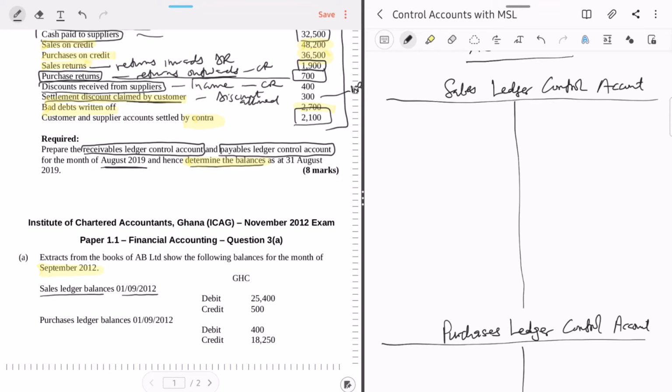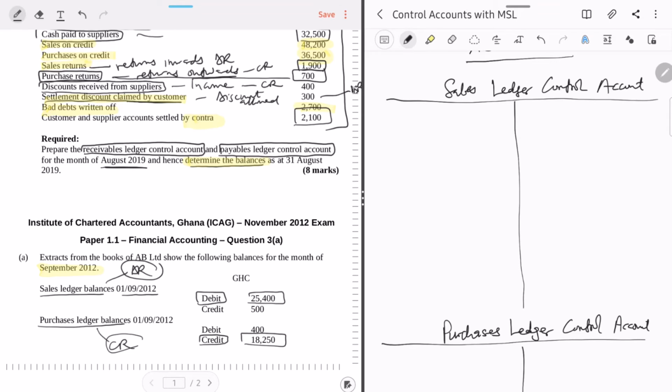Sales ledger control account, remember I told you this will have a debit balance. Purchases ledger control account will have a credit balance. So this one has a bigger figure on the debit because it has a debit balance. Then this one will have a bigger figure on the credit because it has a credit balance.